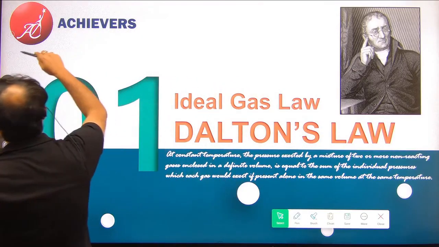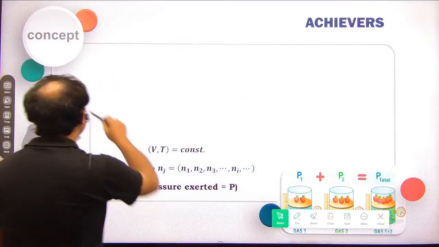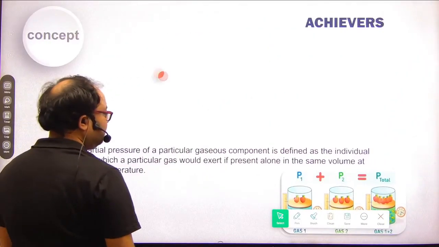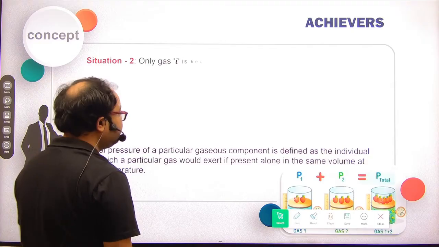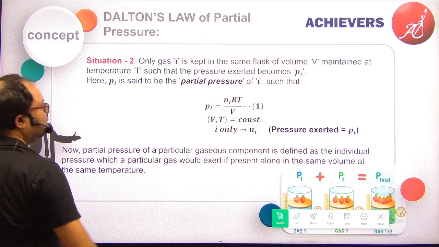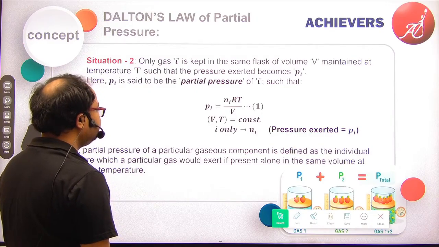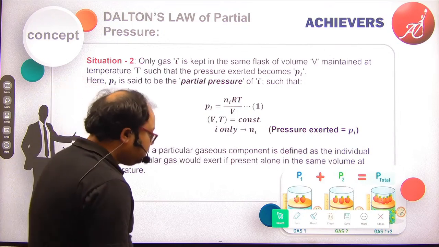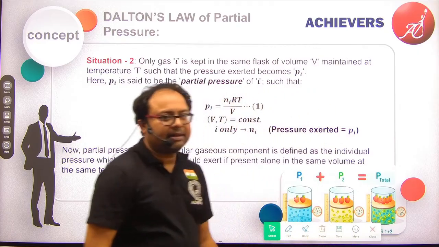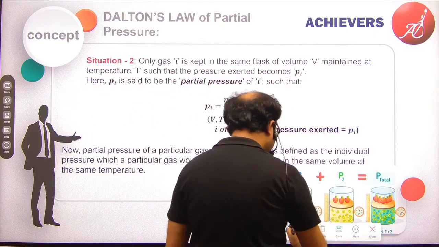So let's move back to the point 5 where we were. I've understood situation 2. Now we would like to make a mathematical interpretation of this thing. Very simple.